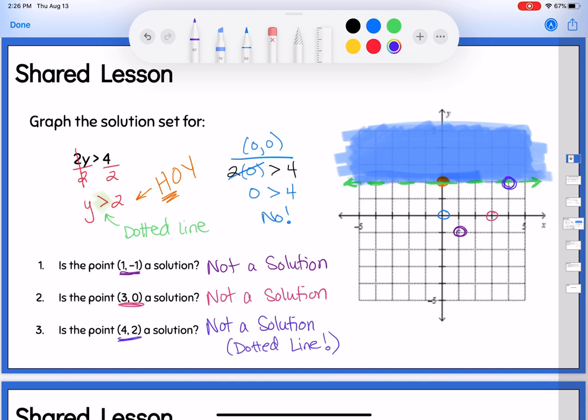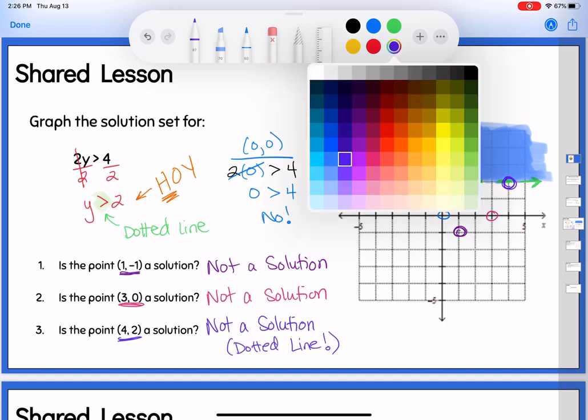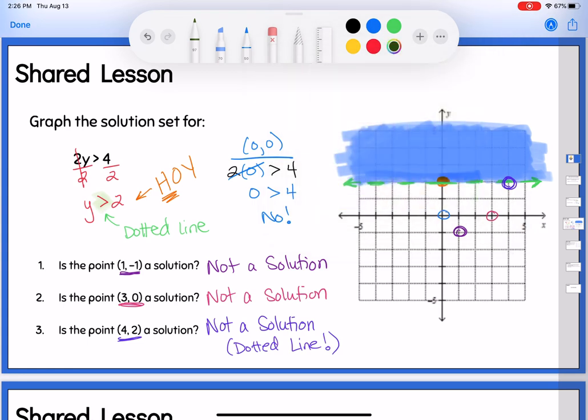All of them that I gave you were not a solution. That's okay. I didn't want to get you into any like, oh, there always has to be one solution. So, one of these has to be wrong. It's okay. Use your graph. Make sure you understand it, right? Where would be a point that is a solution? Boy, if I picked any one of these points, let me get a different color here. Maybe this point, right?